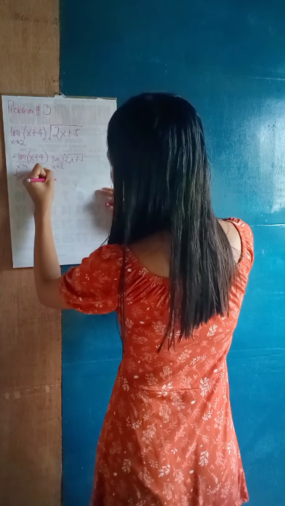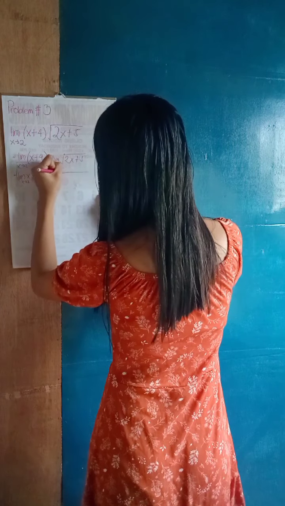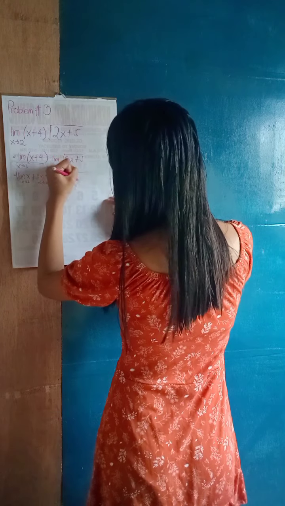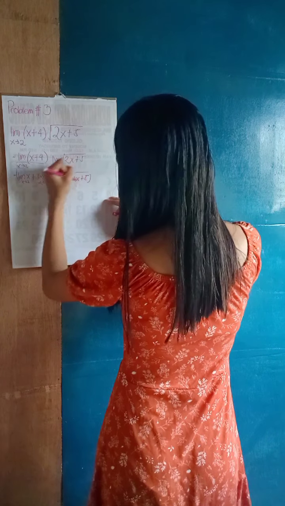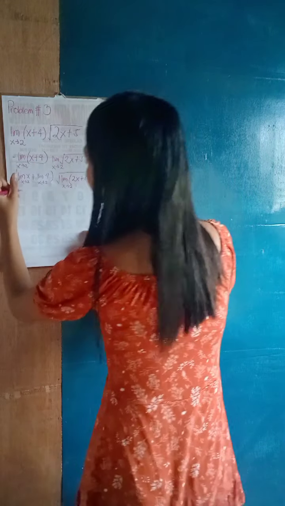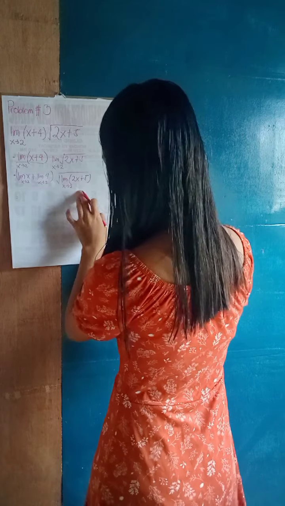Then we are going to apply limit number 7. So this will become limit quantity 2x plus 5 as x approaches 2. Then, we can use limit number 4 to this part.